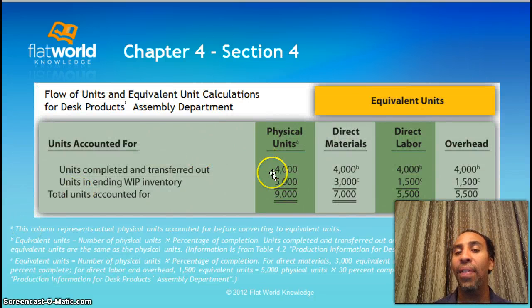So if you don't trust my math, you multiply 5,000 times 0.60, which is 60%, and that will give you 3,000. 5,000 times 0.30, which is 30%, will give you 1,500 and 1,500, right? So you add these up, and we'll finish that off at the beginning of section 2. So just remember our 4,000 and 5,000. We'll start back over, and we'll get the rest of that.